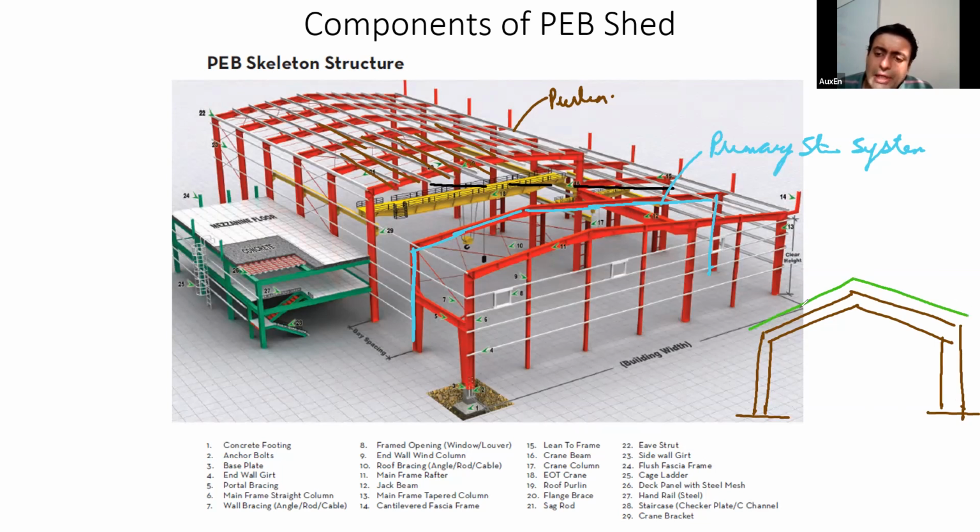Now to support my sheet on this portal, I'll be using a secondary system, and these orange colored elements that I'm drawing would be called purlins. Is it clear? So what is the role of purlins? The role of purlins is to support my sheeting. Are you clear with this?